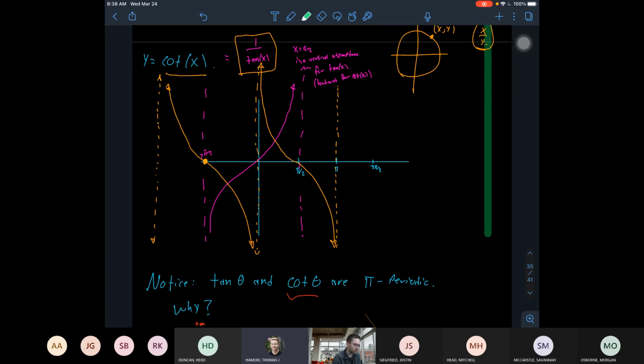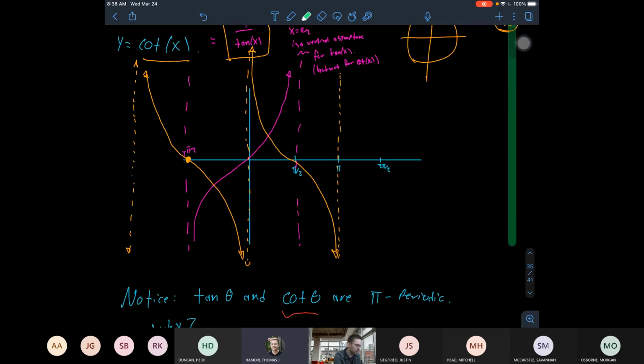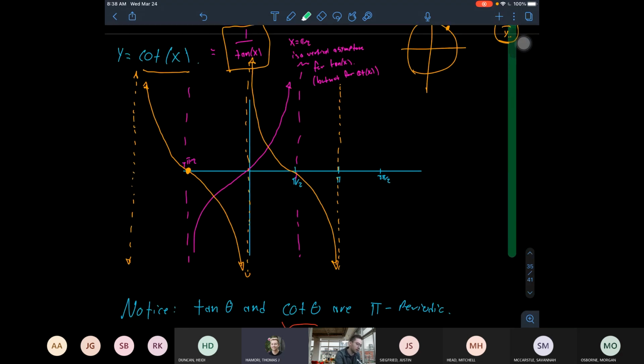In fact, one way you can remember the tangent and cotangent functions is they kind of look like somebody who's doing a dance. So if this is me, no, don't imagine me.